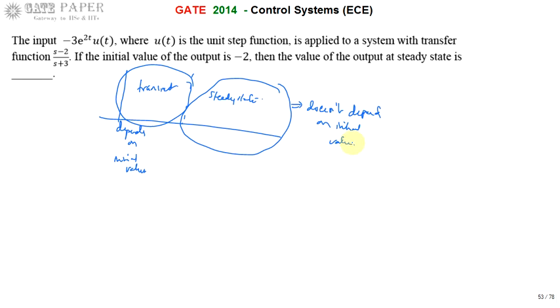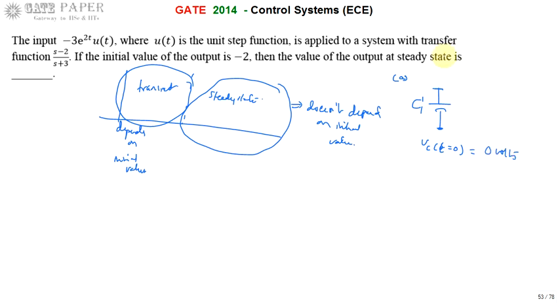Okay, so you can think of a simple example. Let us assume a capacitor is given, initially uncharged or charged. First we will take the capacitor as uncharged, so Vc at t = 0 is 0 volts.